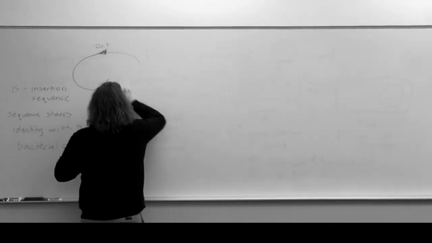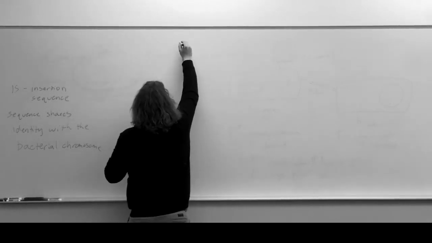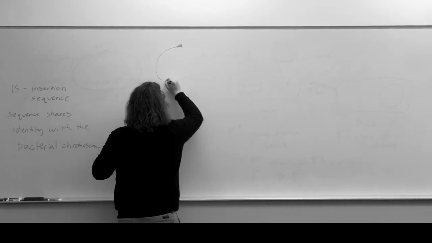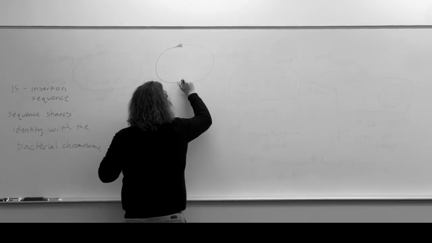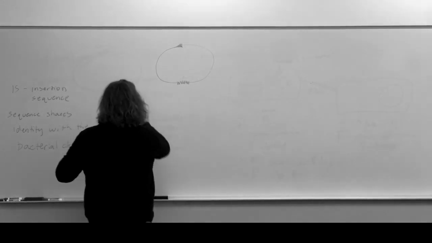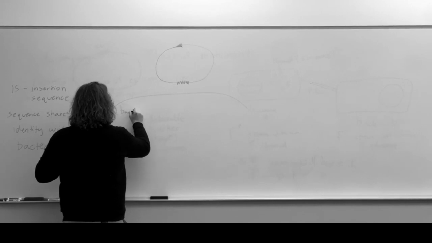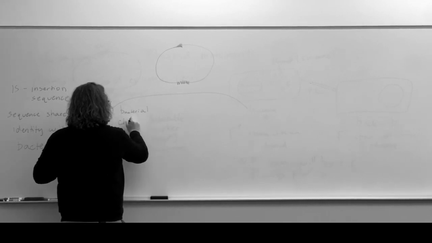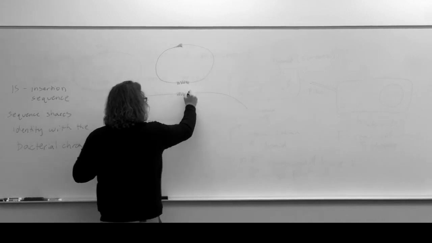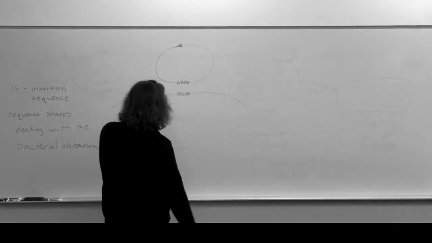So let me redraw this, give myself a little space here. When you have a short sequence that has identity to a bacterial chromosome, so this is the bacterial chromosome, you can have recombination. So the recombination here is occurring in a very specific place.